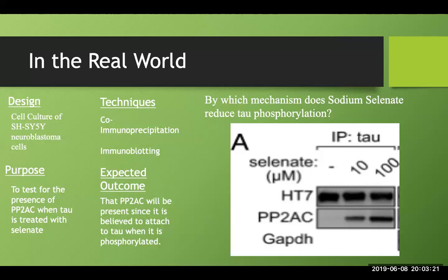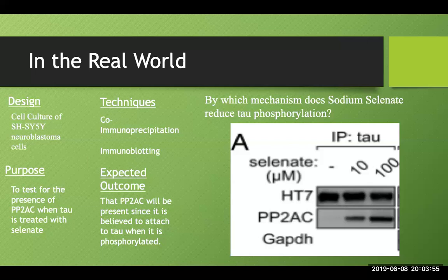In the first band, you see HT7, and you see three very strong bands. HT7 is an antibody for human tau, so this is like a control to show that you have tau in all three of these different experiments: without selenate, with selenate, and with an even higher concentration of selenate.